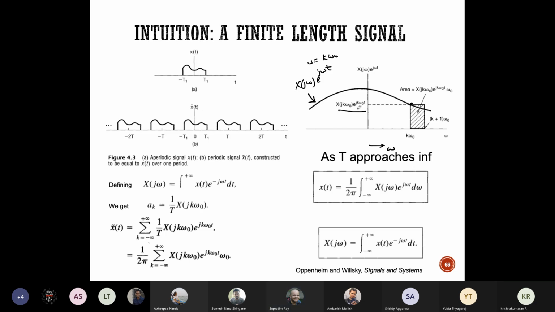Okay, and this little area here has a step of, so this little point here is k plus 1 omega naught. So this has a width of omega naught. So this area is just this whole thing here.